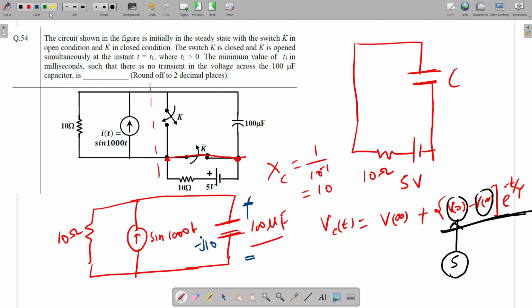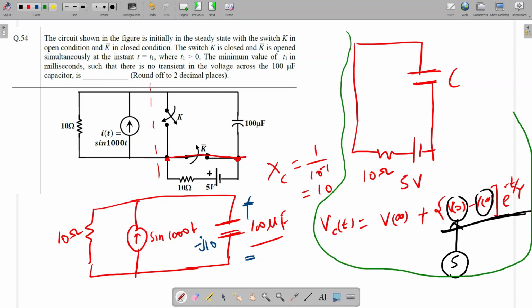I analyzed here how the thought process will be. We have to reach here. They are asking that this case should be free from transient. So for this zero voltage V0 at t equals t1, they are asking the time at which this should be closed such that this DC part will be free from transient.